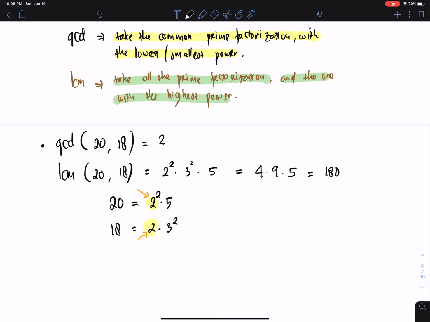But if we have higher or bigger numbers, this method will waste much of our time to find out the GCD and the LCM.